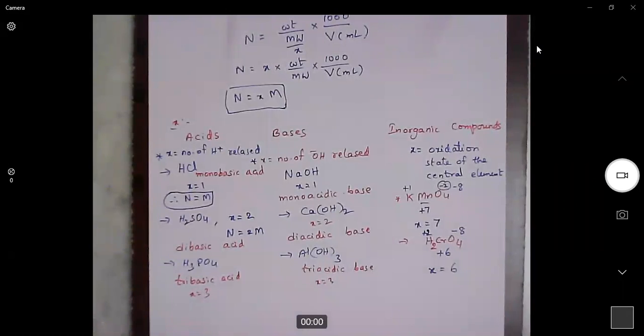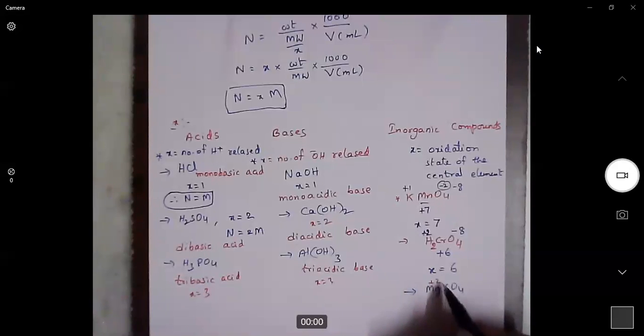In the case of magnesium sulfate, the magnesium charge is +2. So X is equal to 2. This is how we identify the X value for acids, bases, and inorganic compounds.